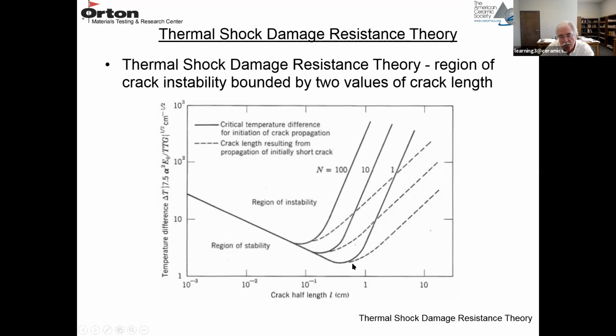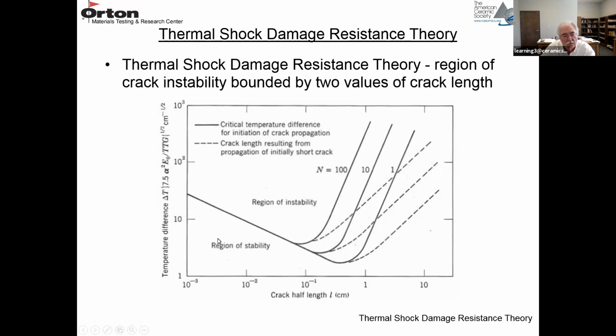And below that region, you have a region of stability. So if you have a crack of a certain length, let's say 10 to the minus 2 centimeters, and you're down with a temperature difference of a delta T of only 10, you're probably on the borderline of stability and instability, so you won't have any crack growth.